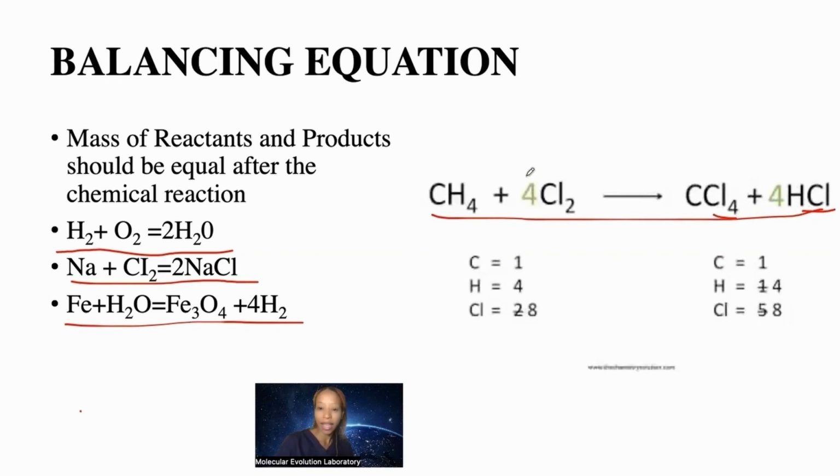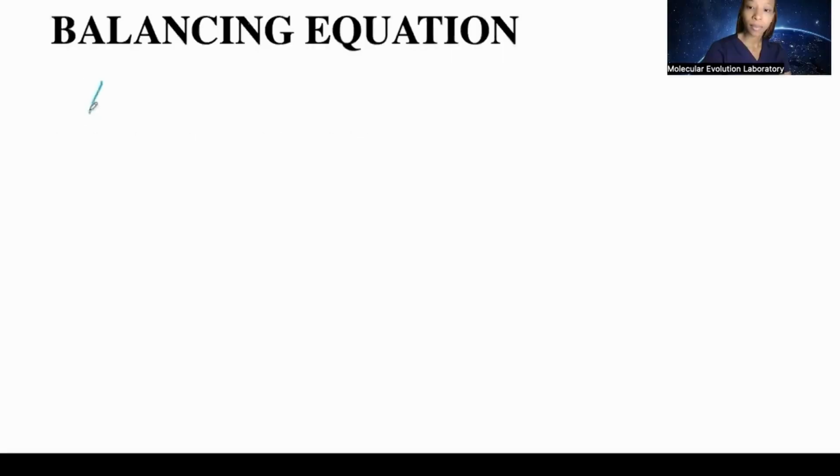In this case, you insert 4 here, so you also have 4 times 2, 8, so you end up with 8 chlorine as well. So you have 4 hydrogen here, 4 hydrogen here, and you end up with a balanced equation: 1 carbon, 4 hydrogen, 8 chlorine, 2 times 4, 8.